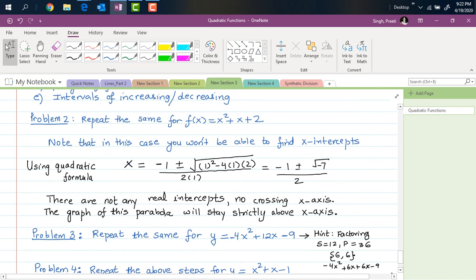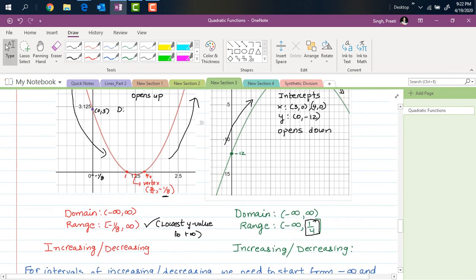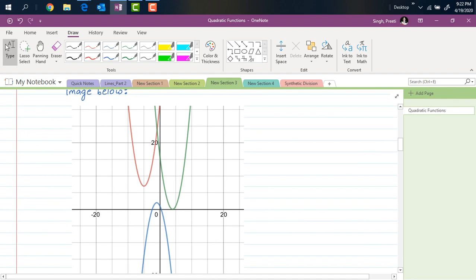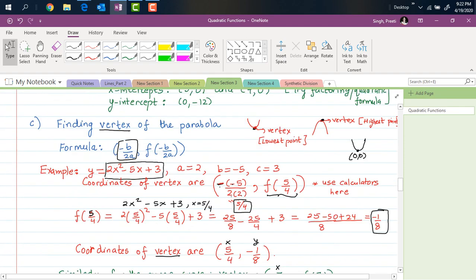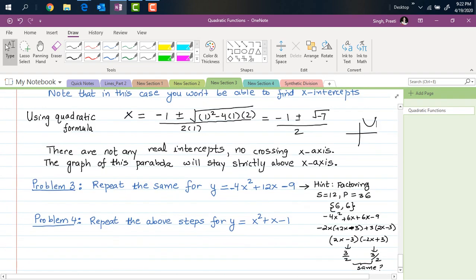It means this kind of parabola does not cross the x-axis. Since it opens up, it's directly above the x-axis. It's not going to cross the x-axis, as compared to these parabolas, which cross the x-axis at two intercepts. So this will look something like the red one right here, strictly above the x-axis.